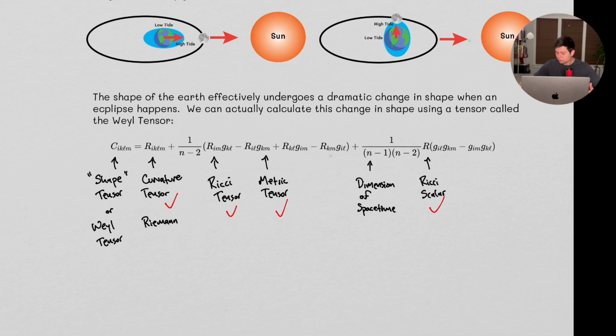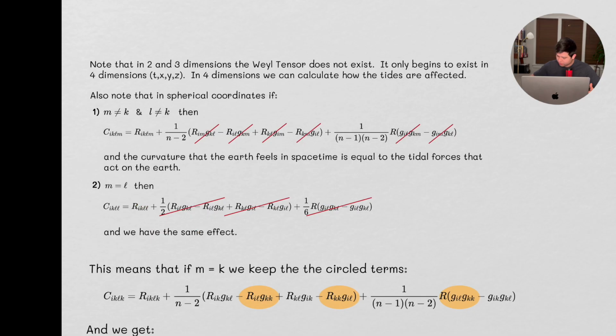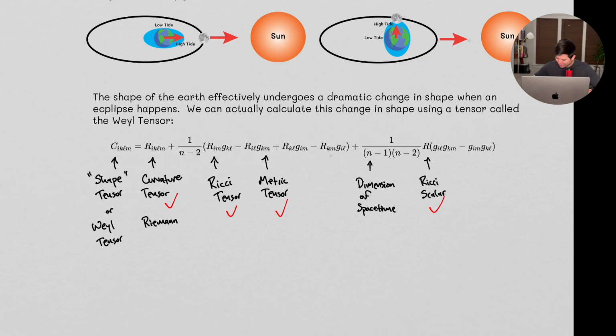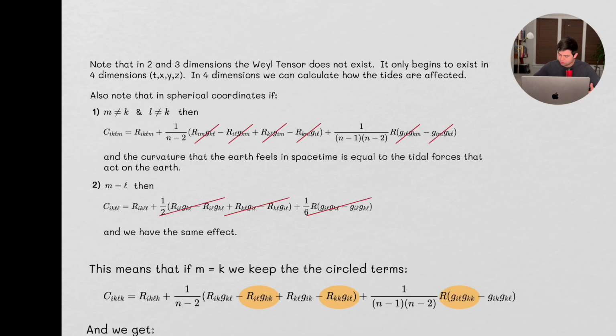However, what's important to know here, and I'll go to the next page, is that in 2 and 3 dimensions, the Weyl tensor actually doesn't exist, right? It does exist, but it gets reduced. I should reword this. The Weyl tensor is interesting. I'll just say is equal, right?